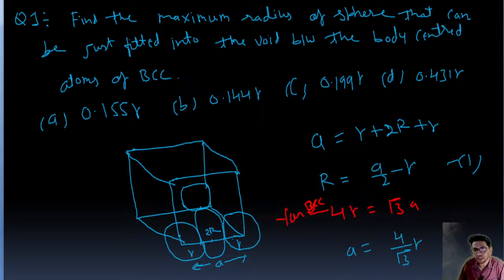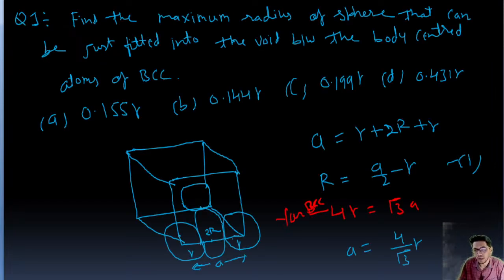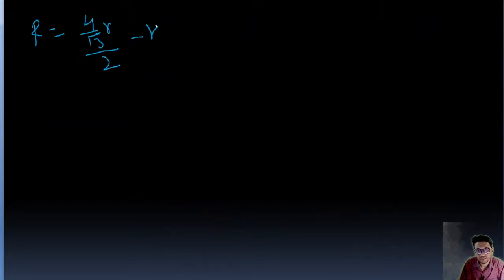Okay, a by 2, my apologies. So this is going to be a by 2. A means 4 upon root 3 r upon 2 minus this one r, minus r. So value of r is going to be, so this will be 2, right?